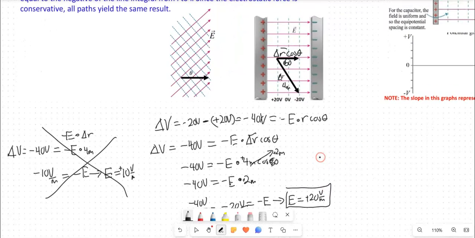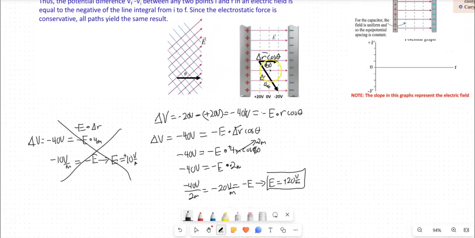So you must calculate the electric field using only the part of the displacement that is parallel to the electric field, because only that part is actually going to contribute to the change in voltage. The other part, the sine part, which is going to be straight down, which is delta R sine of 60 degrees, is just straight along that path. So there's no change in voltage along that path. Okay?